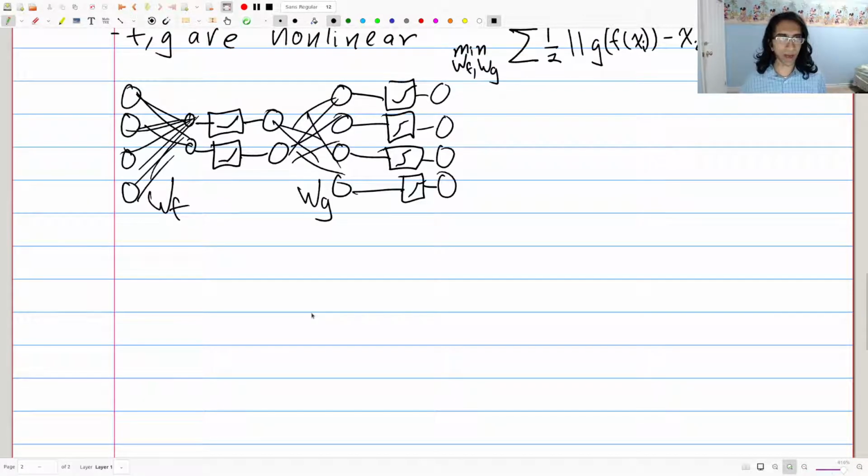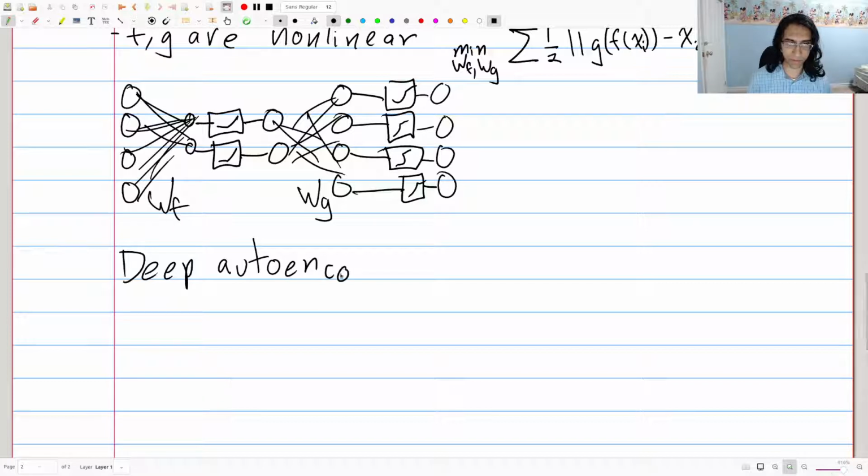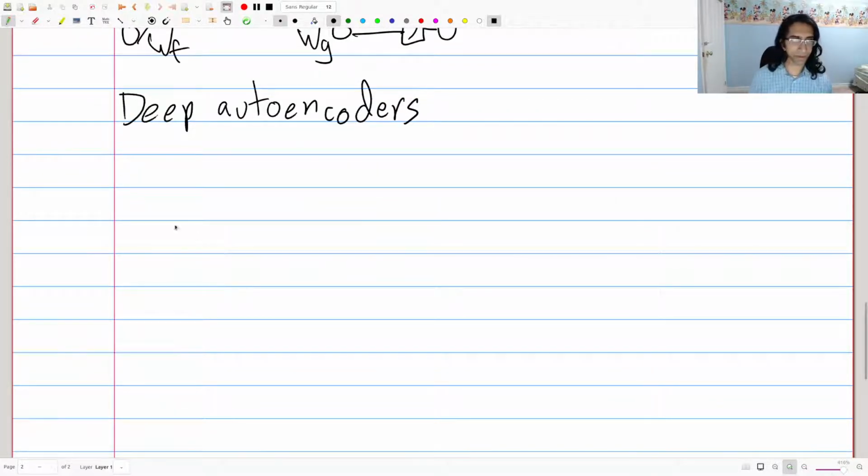Good. What else can we do? Well, we can also do deep autoencoders, which maybe you can picture what they're going to be. We just stack more layers. I'm not going to draw the nonlinearities anymore, it was just illustrating at that time. But maybe we do something like this, and this is the encoder part.